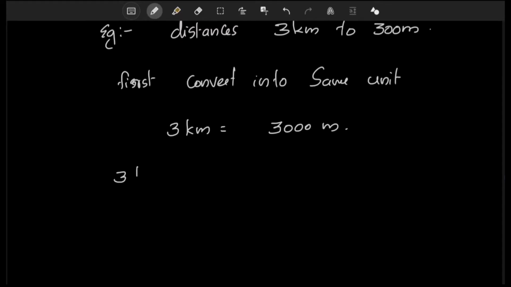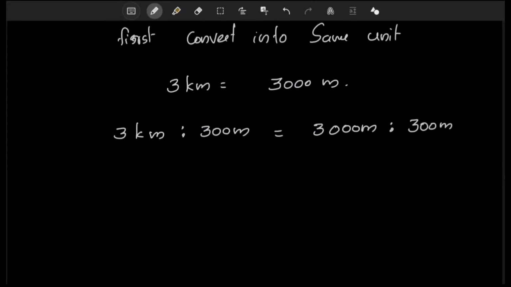The ratio is represented like this: 3 kilometer is to 300 meter. We first convert 3 kilometer to 3000 meter, so it is 3000 meter is to 300 meter.